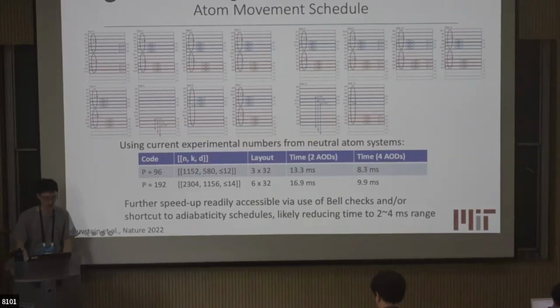I would say this number 4, maybe slightly higher, is a pretty natural number here, because at some point you'll be limited by the distance that you need to traverse in a given step. You get pretty close to that limit with 4 AODs.